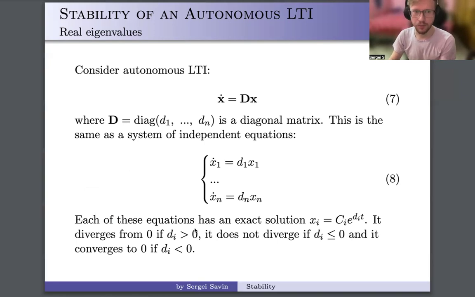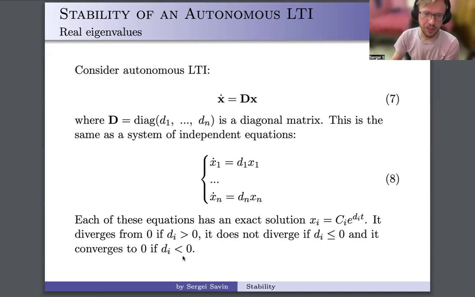Now, in this example, if at least one of the D is positive, you diverge. So you're unstable. If the D's are non-positive, so negative or zero, then you are at least marginally stable. If at least one of them is zero, you're only marginally stable, right? But if all of them are negative, then you are asymptotically stable.